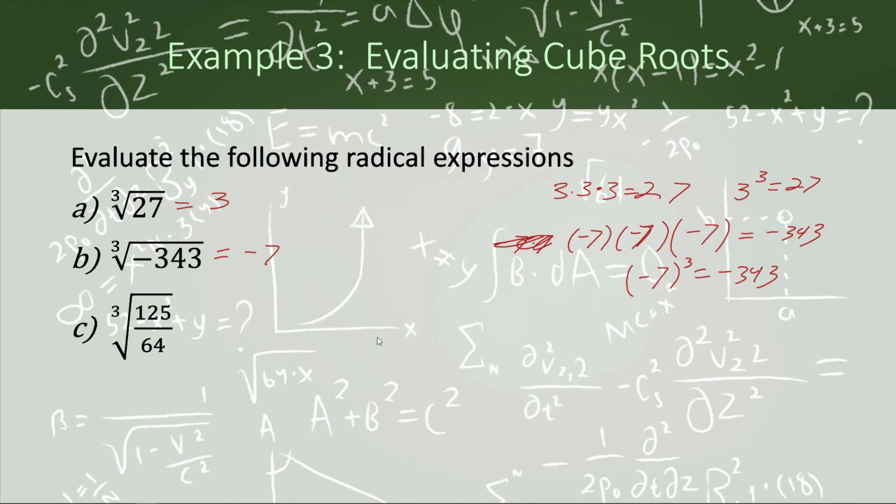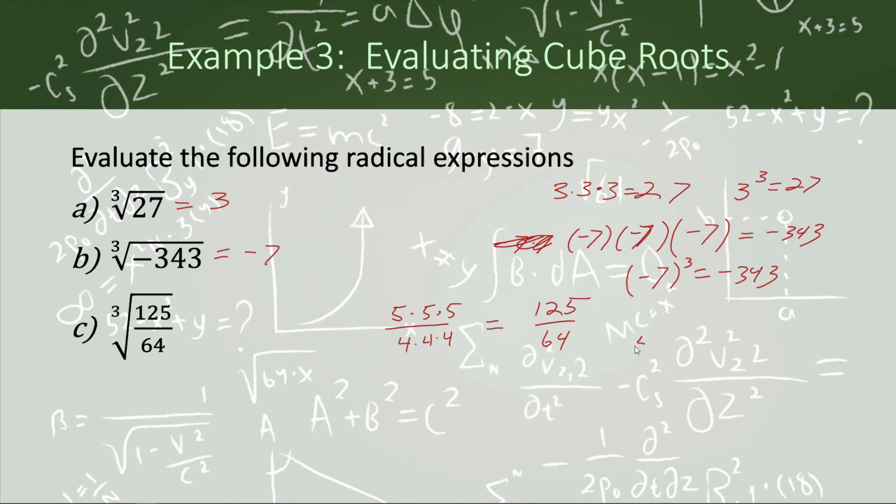And then finally over here, I know that 5 times 5 is 25. If I multiply that by 5, I would get 125. And from before, I know that 4 times 4 times 4 is equal to 64.